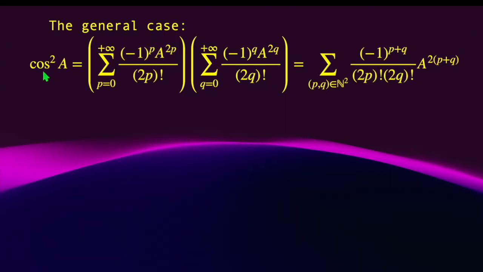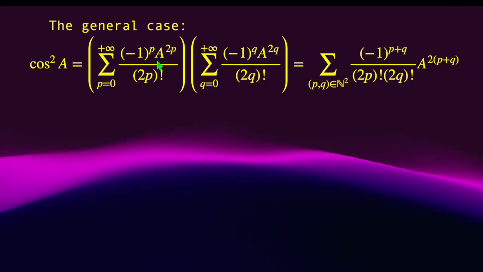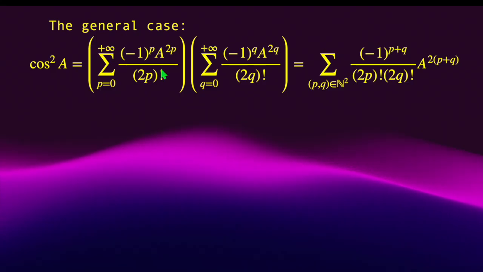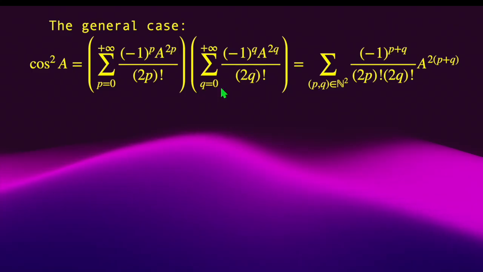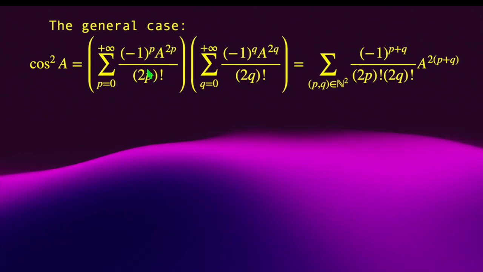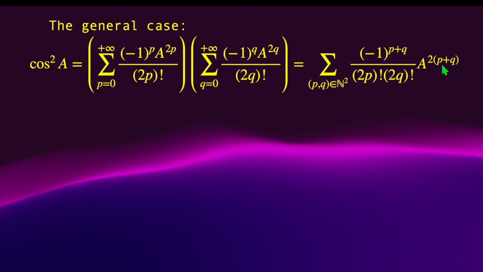For the general case, we take cosine squared A, and we write it using the definition. I take different indices to see what is happening. Now we have a product of two sums, which is the sum of the different products.